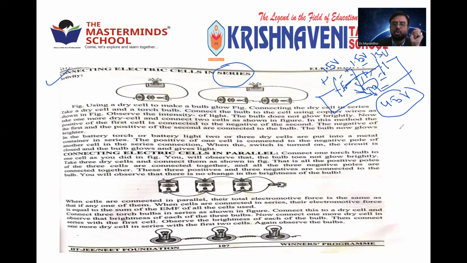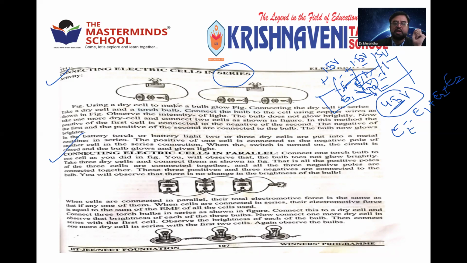Then what is the total EMF here? Suppose E1, E2, E3 are the individual EMFs. Then the total E is equal to E1 plus E2 plus E3. Any number you add, you will get more. Suppose one more cell of 1.5 is added. Every time you add a cell, its voltage is added, right? So 4.5 volts we got.